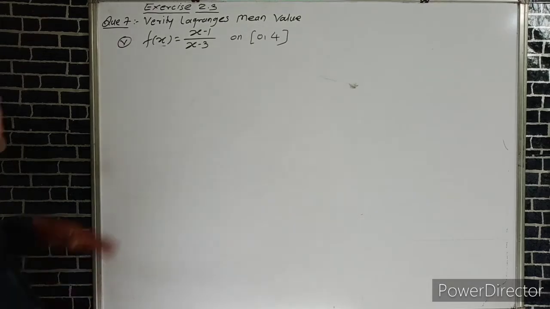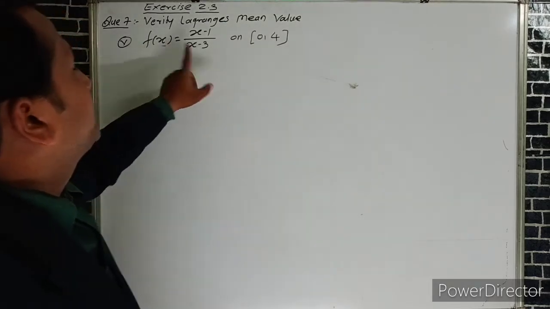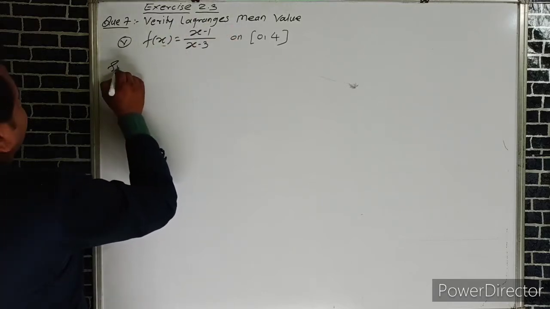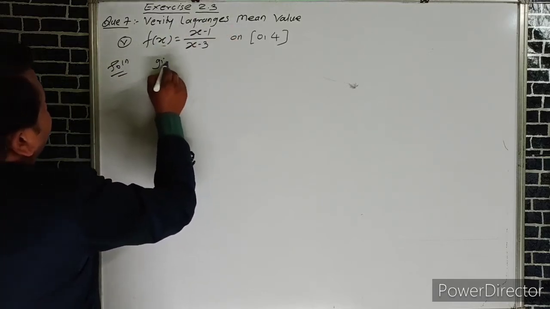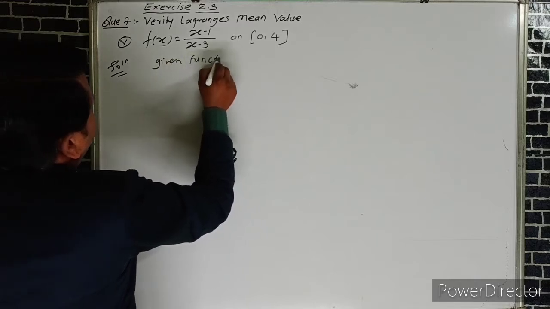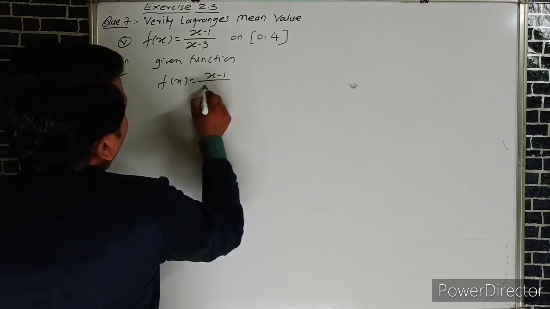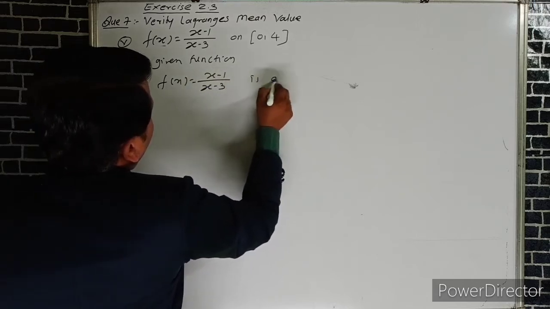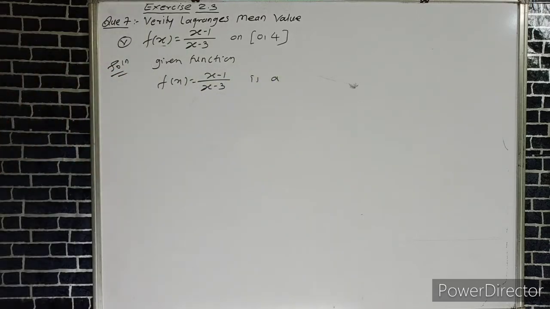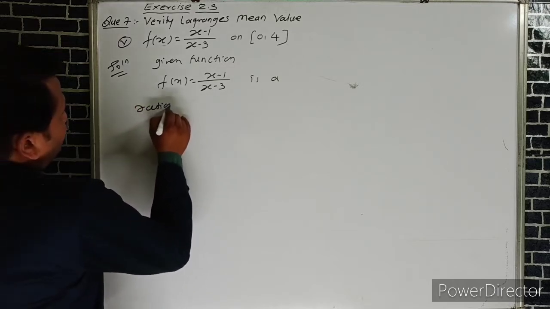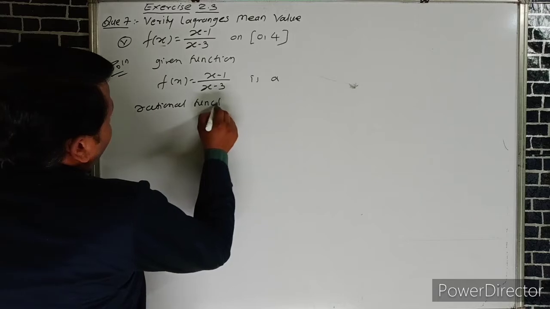So the next example, f of x is equal to x minus 1 upon x minus 3 on closed interval [0, 4]. We know that the given function f of x is equal to x minus 1 upon x minus 3 is a rational function.